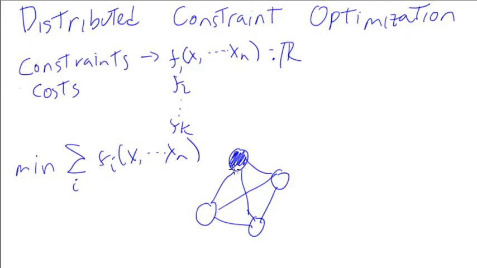You cannot find a coloring that doesn't violate any constraints. However, you can find one that minimizes the number of constraint violations, which would be, say, this one. There are several, but this one only violates 1 constraint, versus, say, if you had them all blue, then you're violating all the constraints. That seems worse.